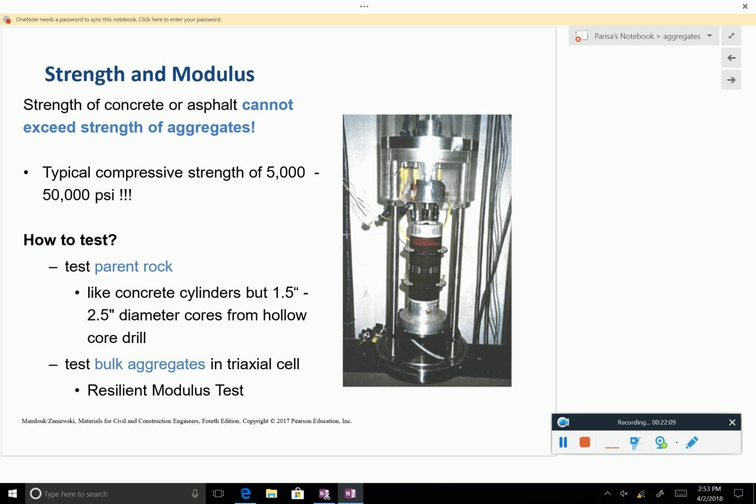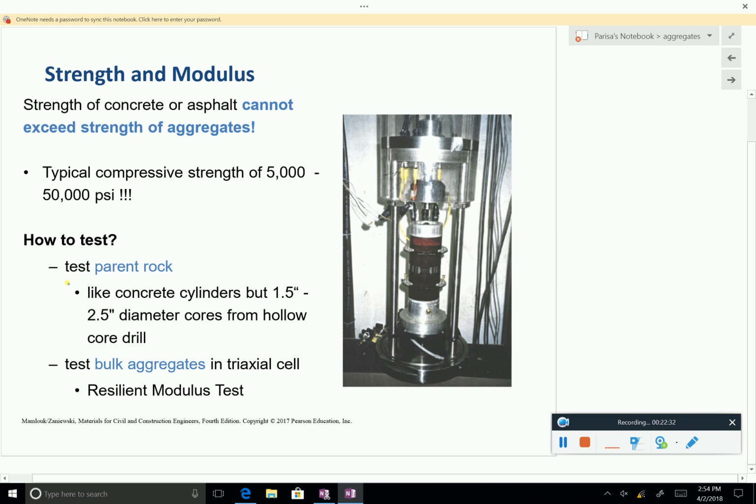Now, there are a number of tests which are being used to measure the strengths and durability of aggregates. Starting with the strengths. Concrete and asphalt concrete, they get their strengths from aggregates. So they cannot be stronger than the aggregates that make them. There are ways to measure the strengths of the aggregates.